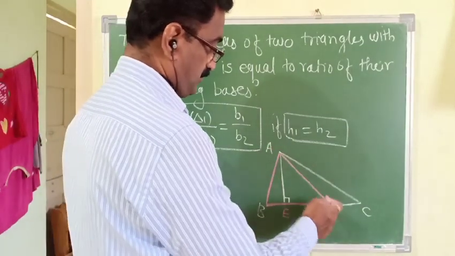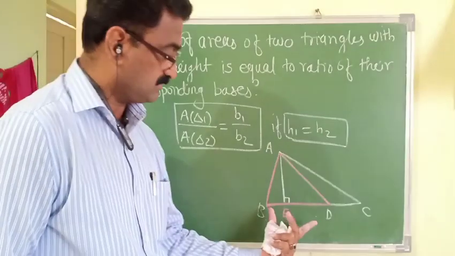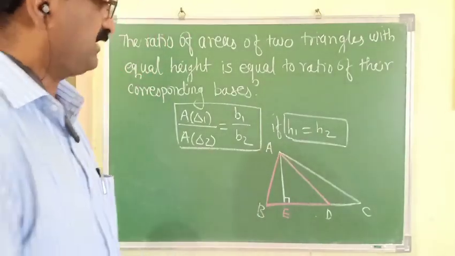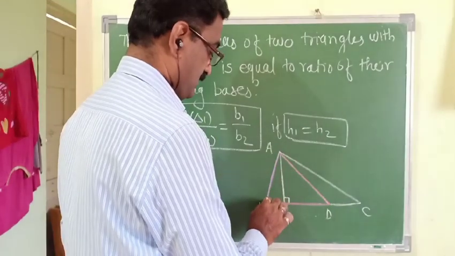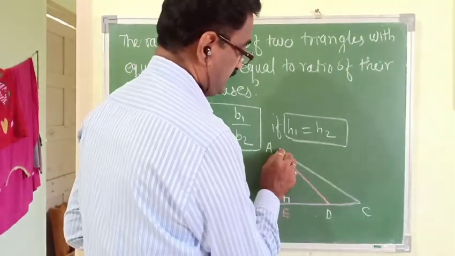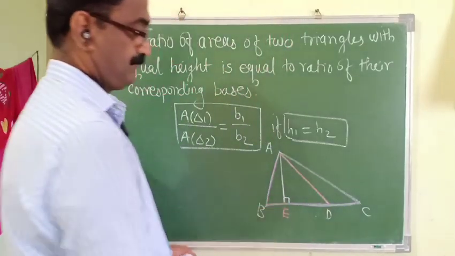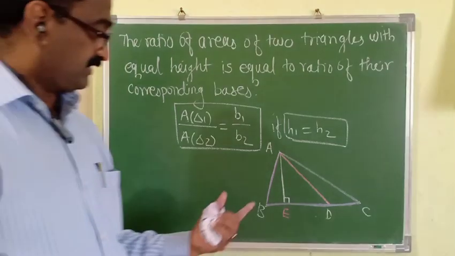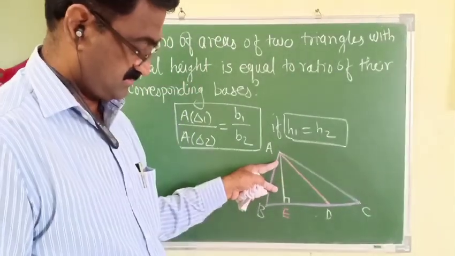Here is triangle ABD. In this triangle ABD, which is the height? A is the height, BD is the base. Another triangle, triangle A, B, C, this larger triangle. Again for that triangle, this is the base, A is the height.